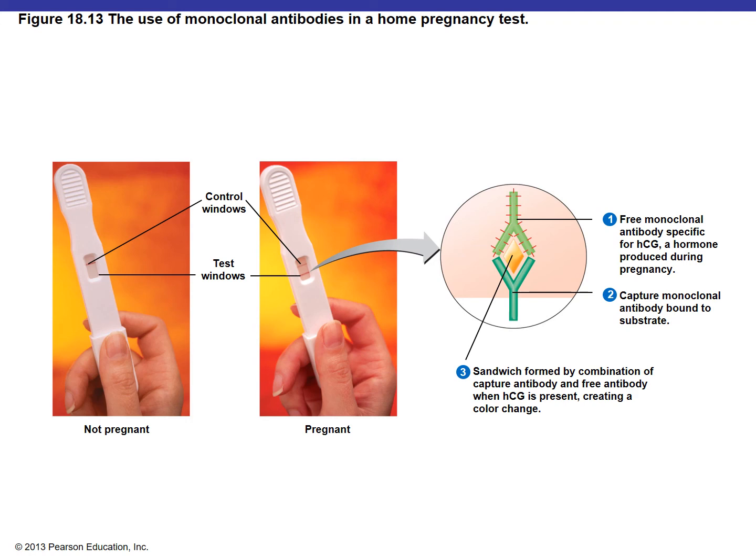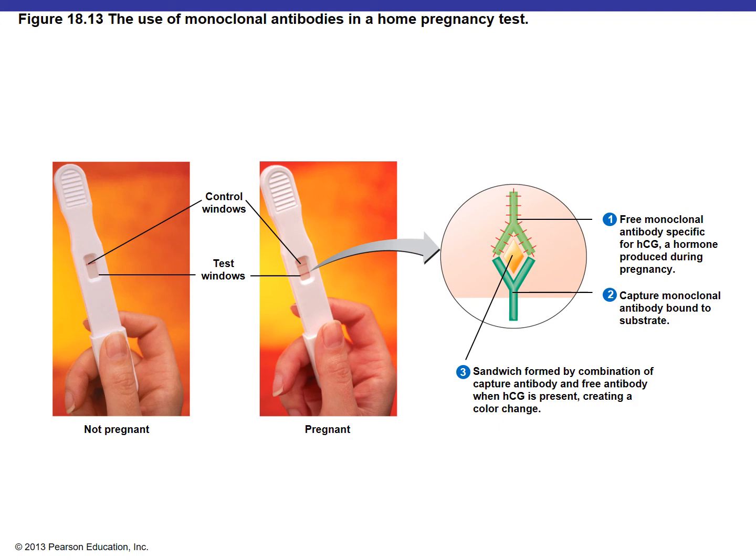So then you're going to see a line. You'll see the red line if the HCG is present. Now there's a lot of that antibody, so not all of it is bound to the HCG. Some of that is going to travel past the immobile antibody against the HCG, and keep going to the control line.